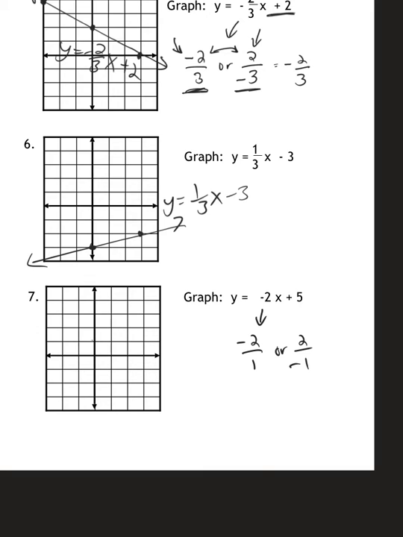I'm going to start at the origin and go up 5 units and make a point. I'm going to have to fall 2 and run positive 1 because I cannot rise 2, because I'm limited with my graph. So I'm going to have to use this one. Rise -2, run 1. There is my line.